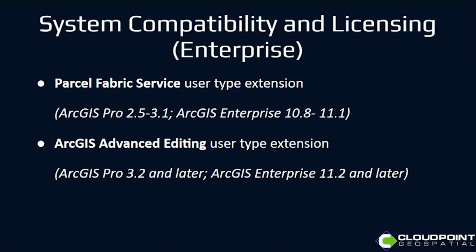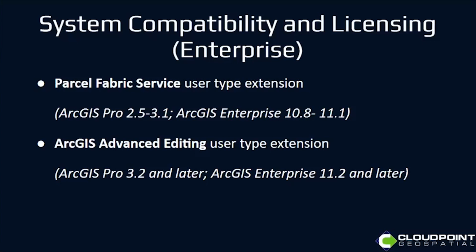So looking a little bit at licensing now, you have your multi-user deployments through ArcGIS Enterprise, and you also have a single user deployment, which can be just with a file geodatabase.